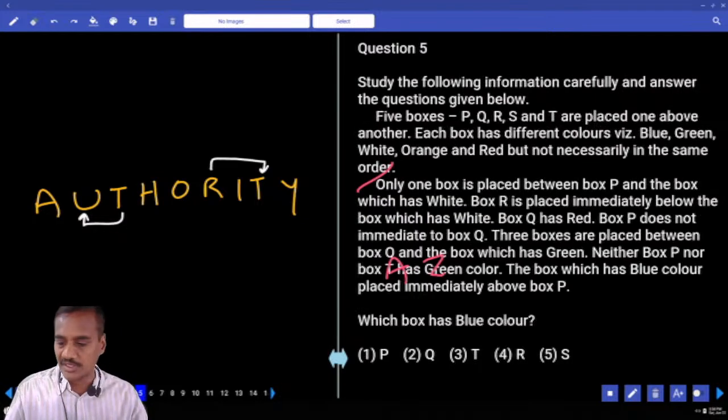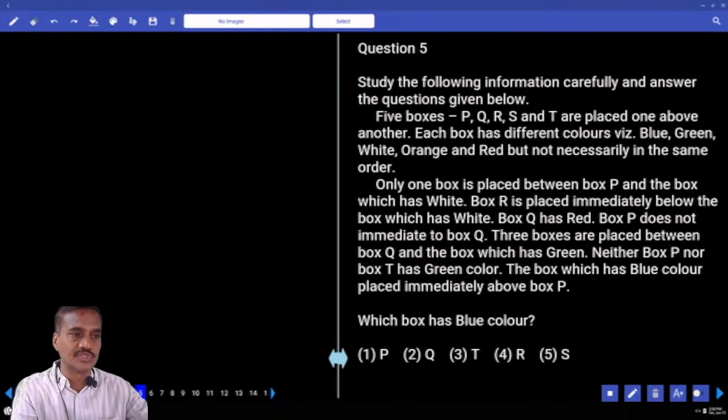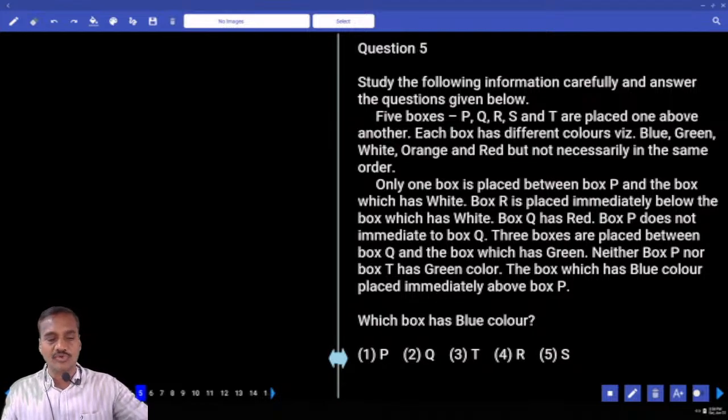Then next, questions 5 to 9. Now in this 5 to 9, only 5 boxes were there, and at the same time one parameter is added to this one. And what is the parameter here? The colors. Now 5 boxes were stacked one above the other, and each box is of a different color. Then there are only 5 boxes.